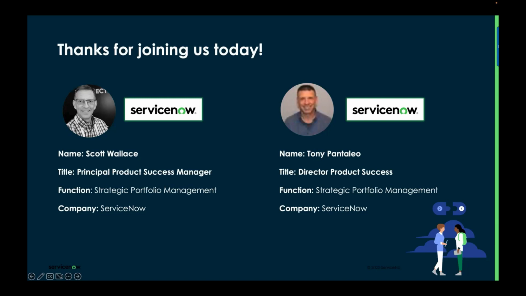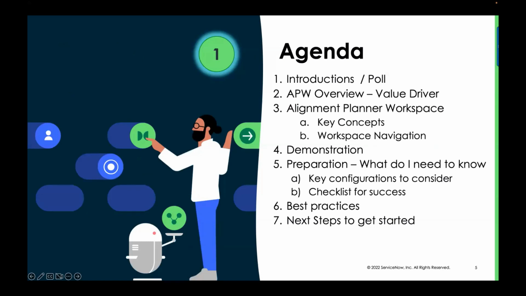I'm excited to take you through how to implement Alignment Planner Workspace. Let's get started with a quick outline of the agenda. Introductions were done. We'll do a quick poll to take a pulse of where you are. We'll talk about the value drivers of APW. Then we'll get into the Alignment Planner key concepts, the workspace itself, and navigation. We'll do a demonstration of APW and share store release 4.1.